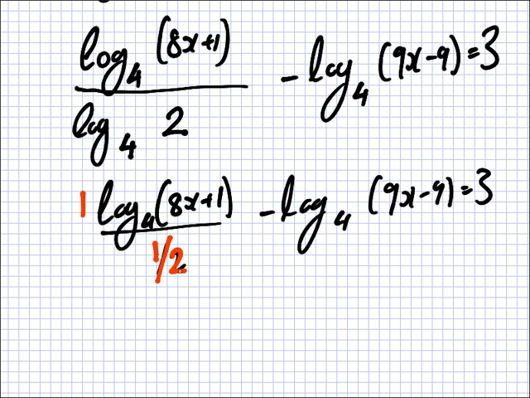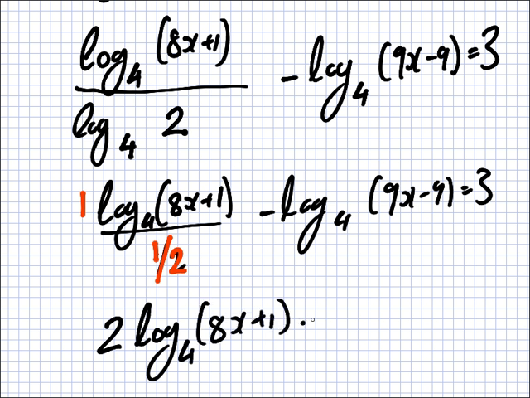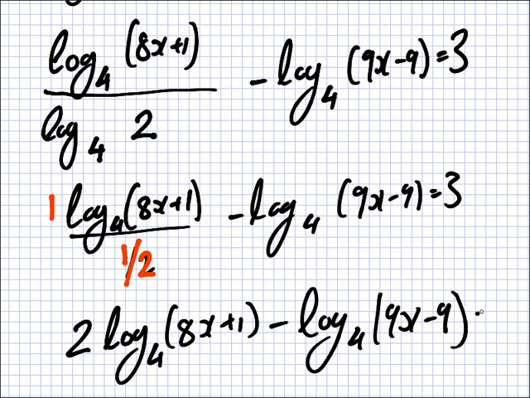It's like a rule as well: 1 over 1 over x gives you x. But if you don't know it, you can just put it on the calculator. So now I get 2 log base 4 of 8x plus 1 minus log base 4 of 9x minus 9 equals 3.